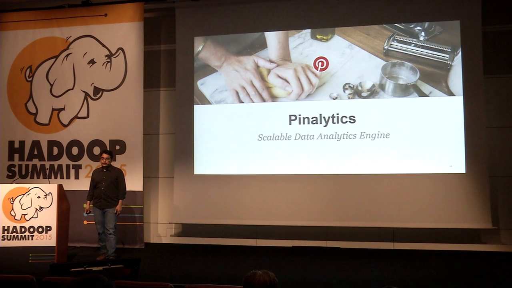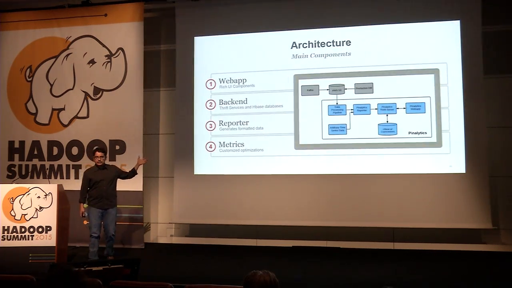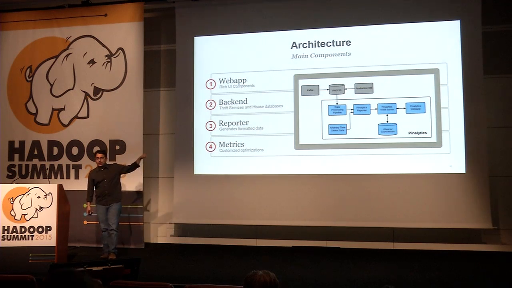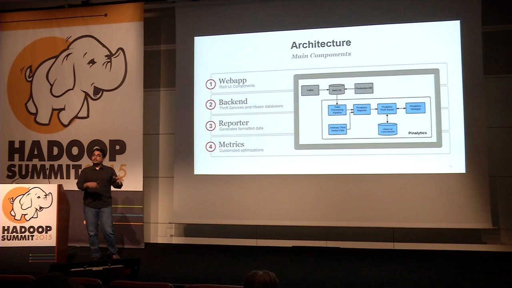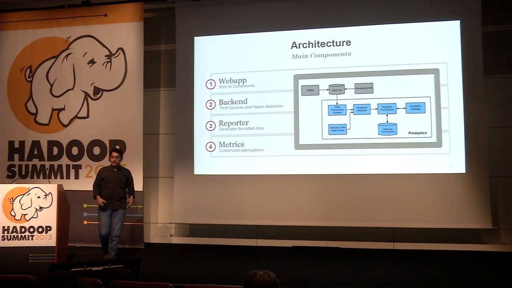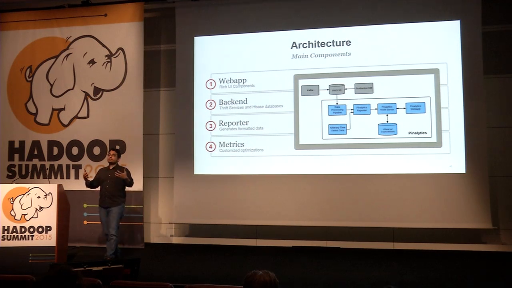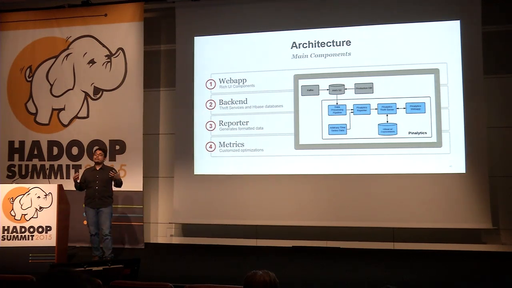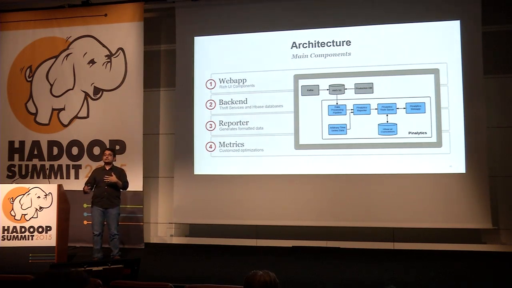The way that we built Pinalytics is, as I showed you, the data goes from Kafka to S3, and from there the data processing pipeline picks up, which then feeds into the Pinalytics reporter. The Pinalytics reporter is a library which we give to our data analysts or any engineer in the company who wants to create their own reports for their particular features.